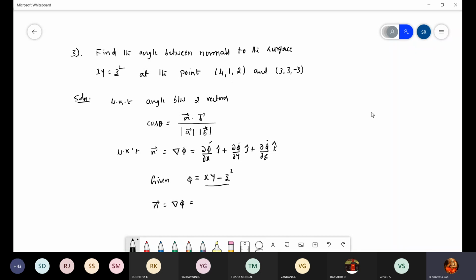If I differentiate directly with respect to x, xy minus z square, you will get y, the first term differentiation, and the second term becomes 0, into i cap, plus with respect to y differentiation x j cap, because with respect to y, x is constant, y differentiation is 1, and z square is 0, plus with respect to z, differentiation of xy is 0, and you will get minus 2z k cap. Therefore n equals y i cap plus x j cap minus 2z k cap.